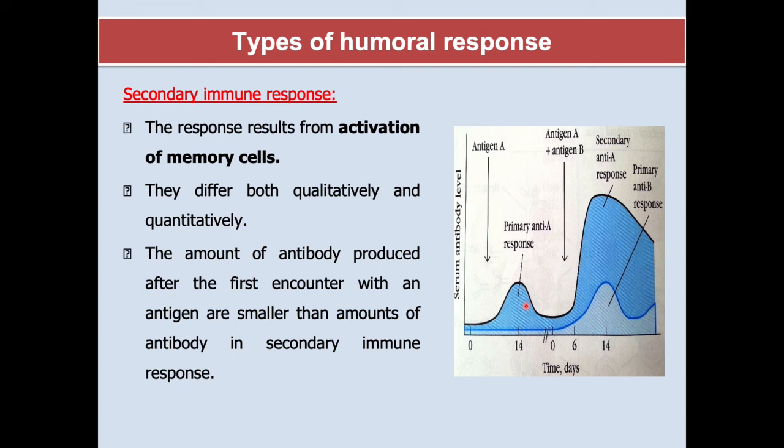Compared to the primary immune response, the way the secondary immune response reacts is totally different. Why does it happen? During the first infection, not only plasma cells were produced, memory cells were also produced to memorize the nature of the antigen.